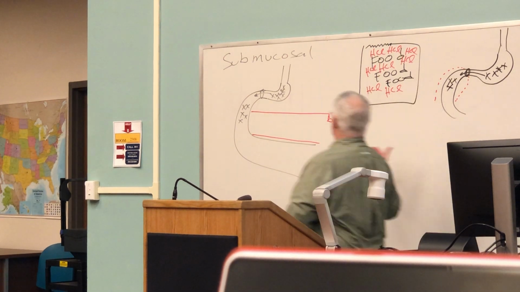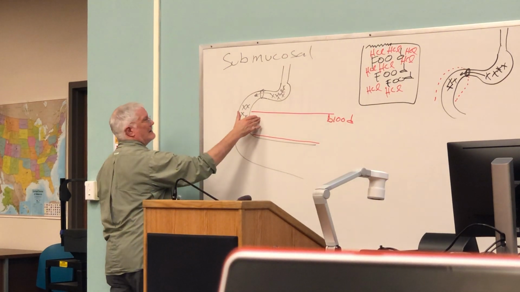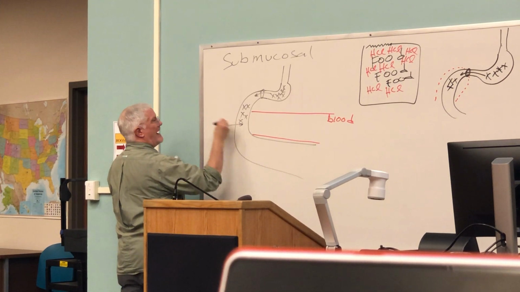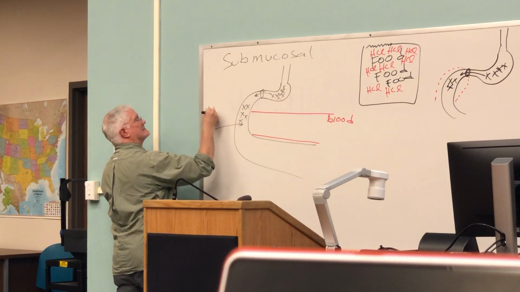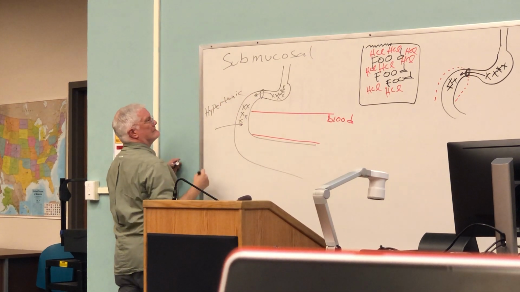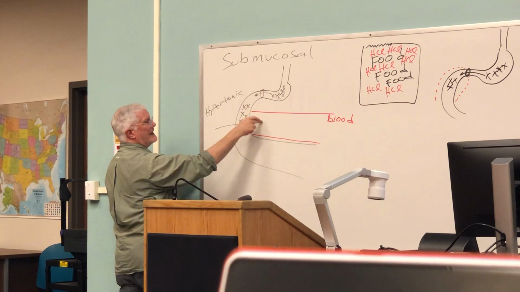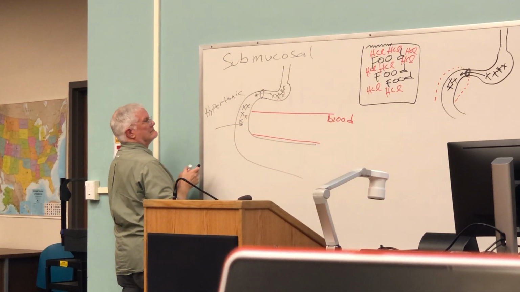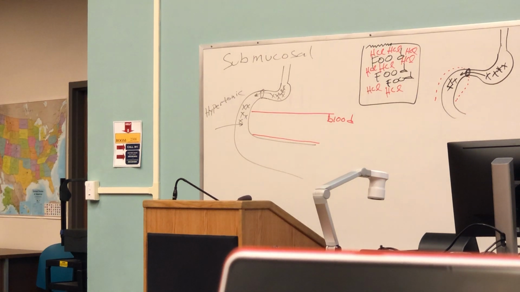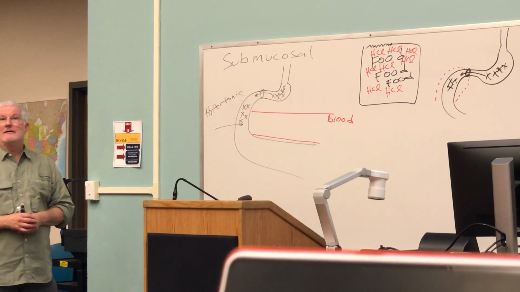But we're going to add to that stretch, because you've got a bloodstream right next door to it, and I have a relatively hypertonic environment compared to blood. What comes to mind when you start hearing the word hypertonic? And what is blood mainly comprised of? Water. So we got water and hypertonic. What are you thinking about?